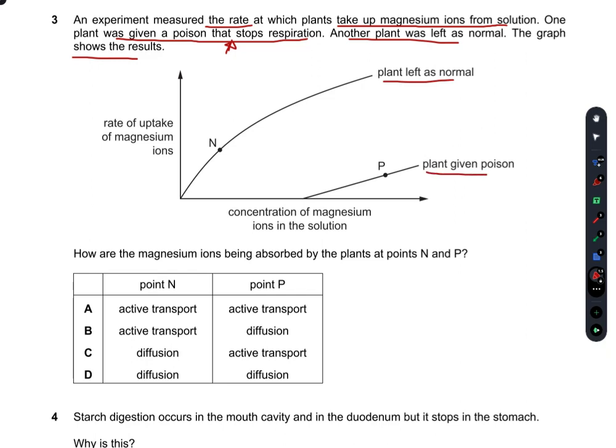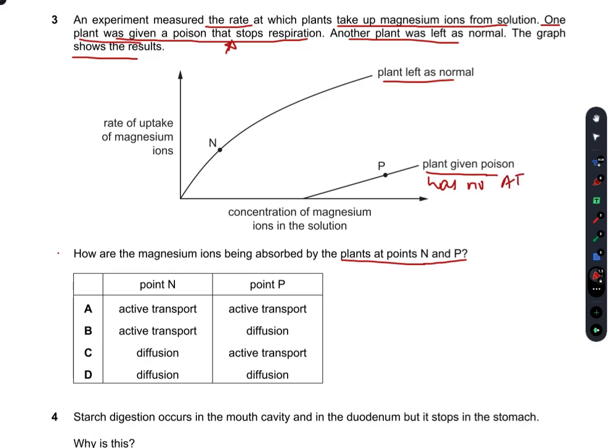How are the magnesium ions being absorbed by the plants at points N and P? If we look at point P, this plant was given poison, means there was no production of ATP.